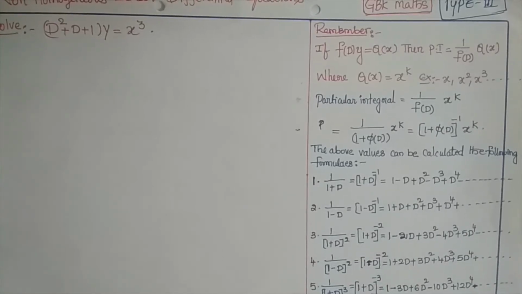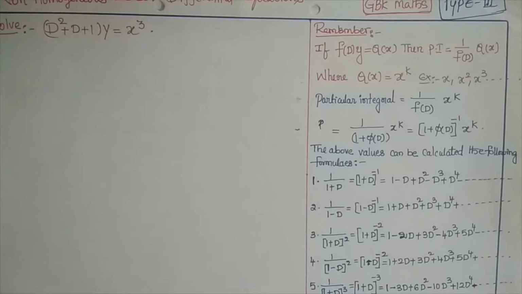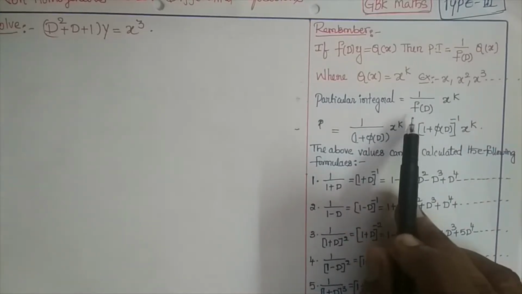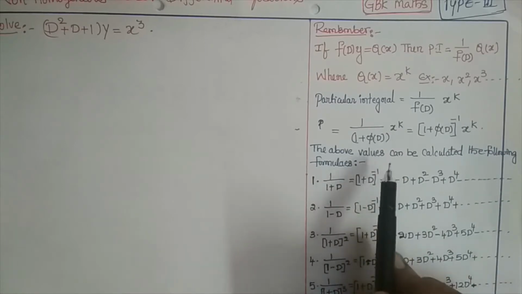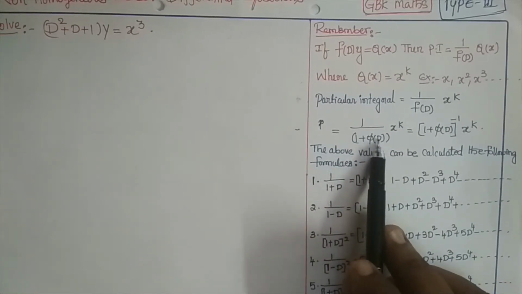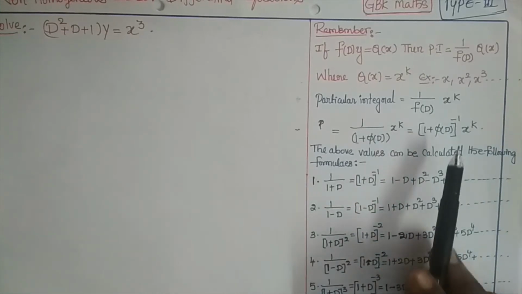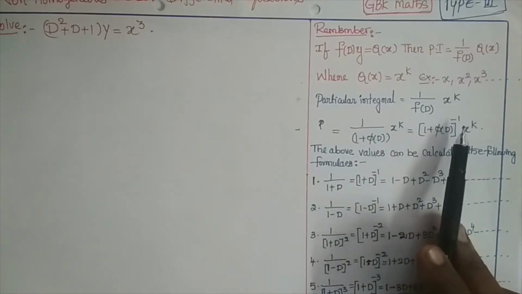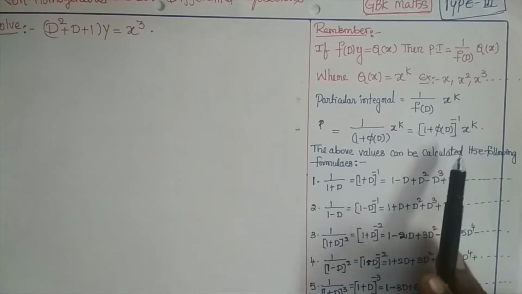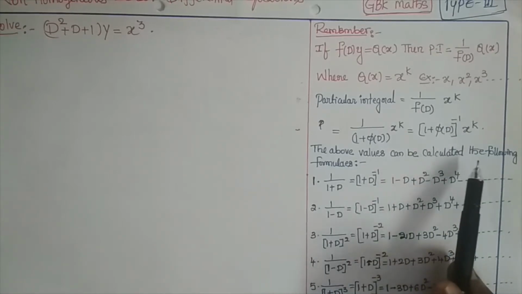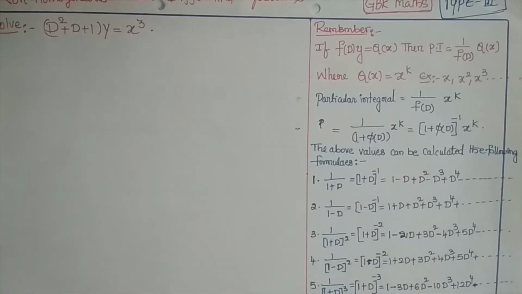For the particular integral, we replace Q of x by x power k, then f of D can be written as 1 plus phi of D, 1 plus some function of D. So the numerator goes to 1 plus phi of D whole to the power of minus 1 into x power k. The above values can be evaluated by the following formulas.